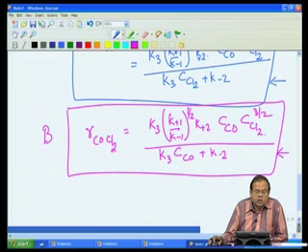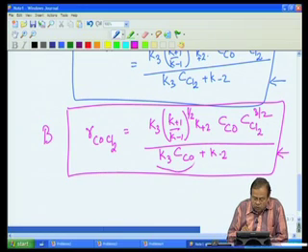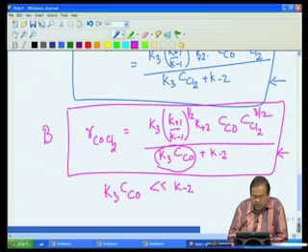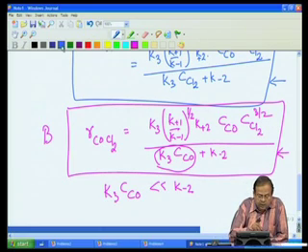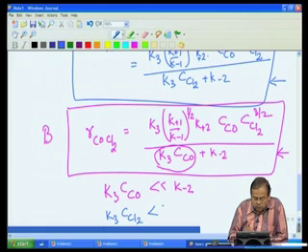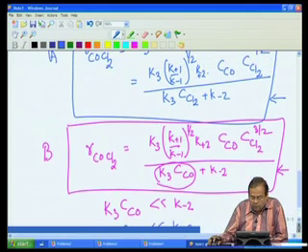So, in these denominator terms, if for example this term was very small, that is if K3 CCO was very small compared to K minus 2, or for mechanism A, if K3 CCl2 was very much smaller than K minus 2, then what will happen?